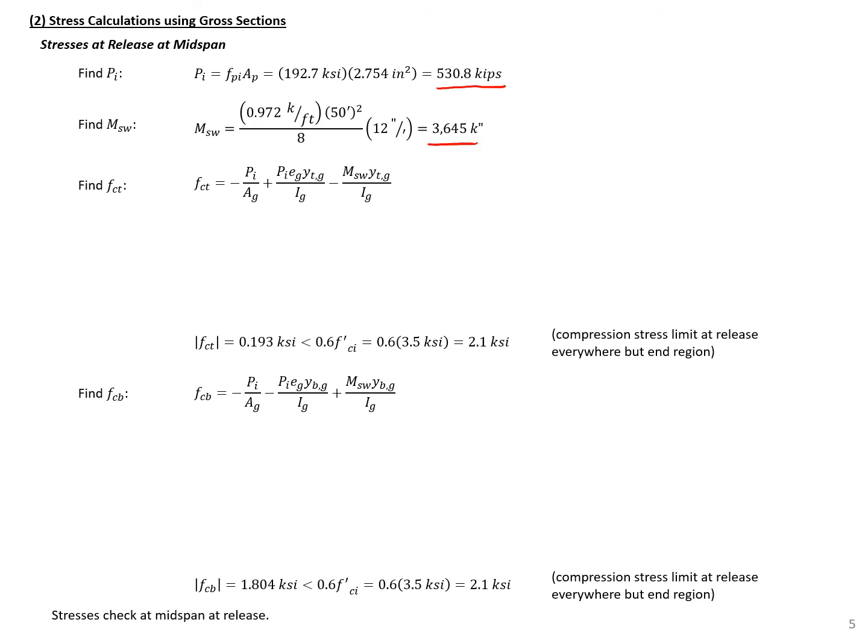So plugging in these values with our gross section properties, we can find the stress in our top and bottom fiber. So our F sub CT is equal to negative 530.8 kips divided by our gross area, 928 inches squared, plus, so our strand eccentricity is going to cause tension in the top.